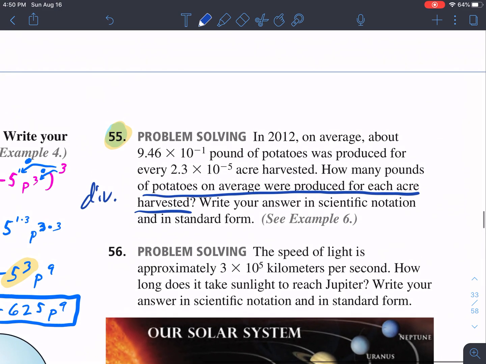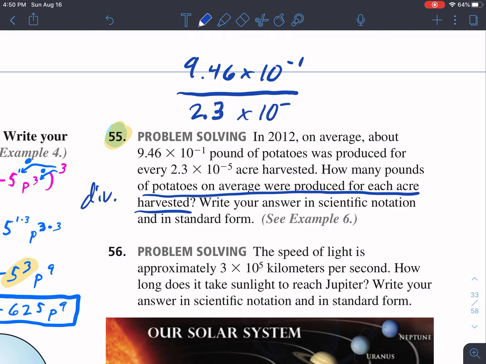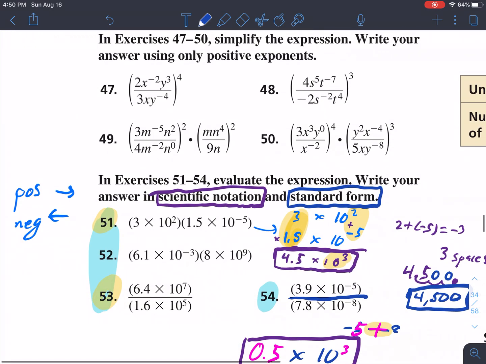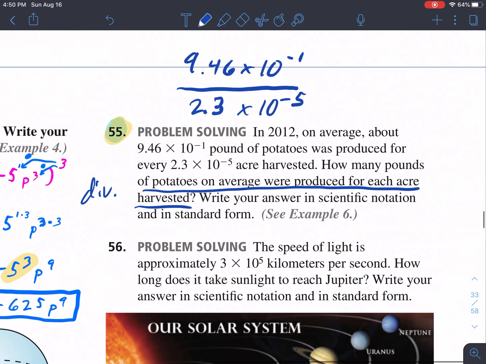So this setup, I'm not going to do it for you guys because I think you guys can use the previous example I just did, but it should look like this. 2.3 times 10 to the negative 5. So you guys should be able to use the previous problem, 54, to get you guys started.